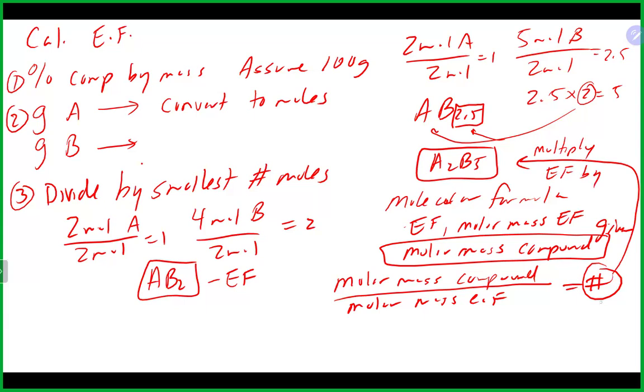So if we just got a 2 when we did that, our molecular formula for this guy would be A4B10. We get to our molecular formula by multiplying each of those by 2. In terms of rounding to a whole number, you could be a little bit more generous in your rounding on this calculation because it should be a whole number multiple.